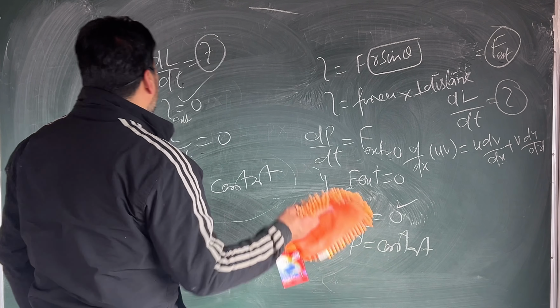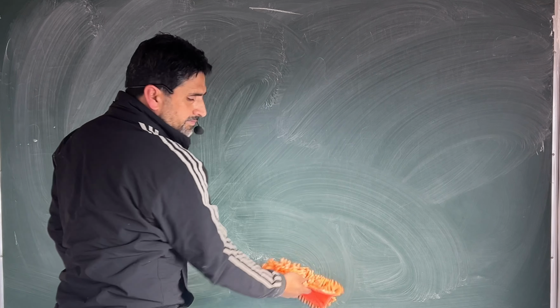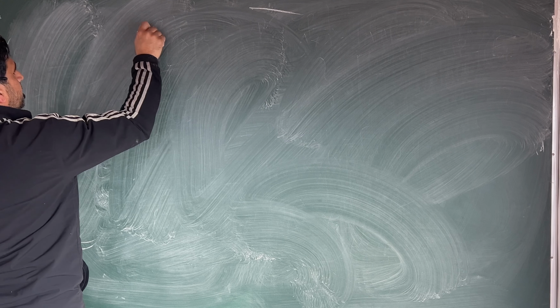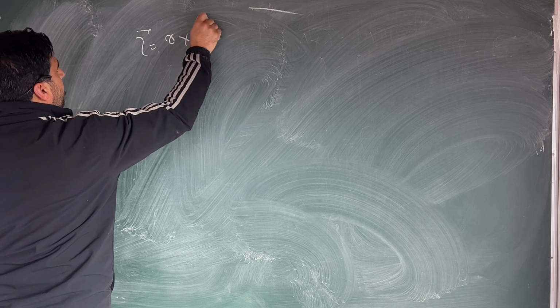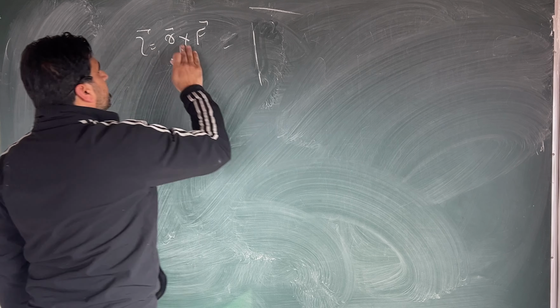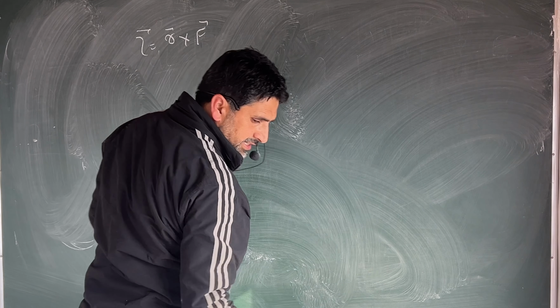Now the components of torque. What are the components of torque? Torque is equal to R cross F. Let me write down the components in vector form, because R has 3 components.